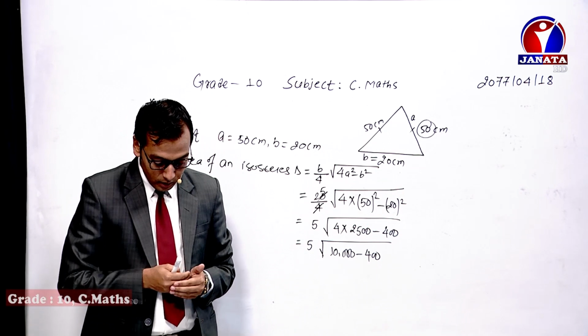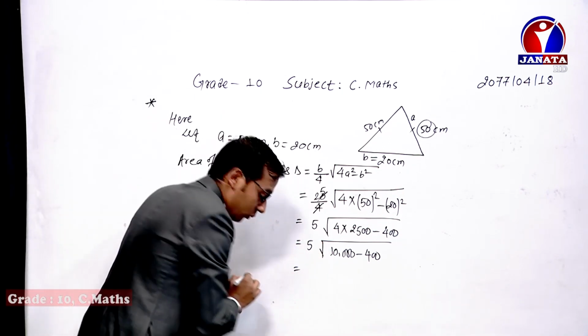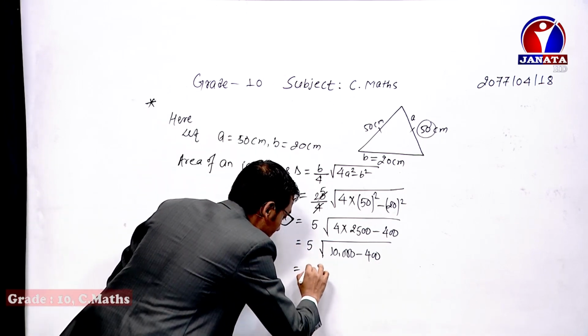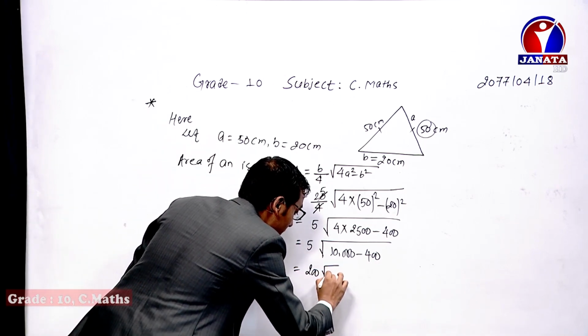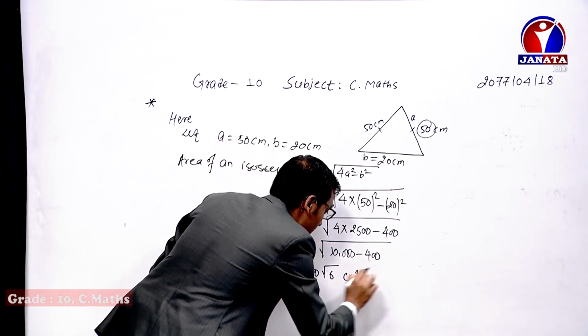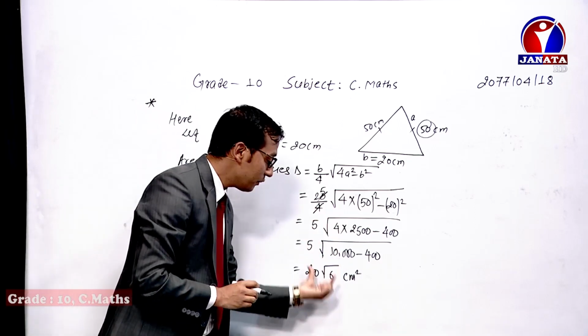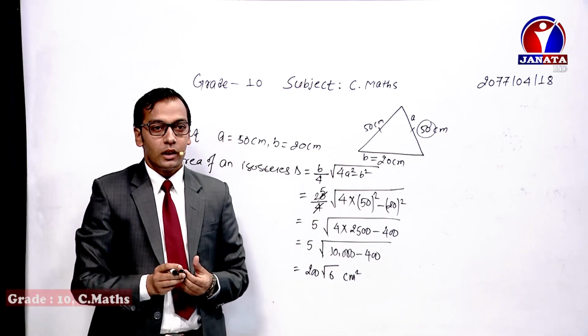So let's simplify this and we will get the result: 200 times root 6 centimeter square. We can simplify this and get this result.